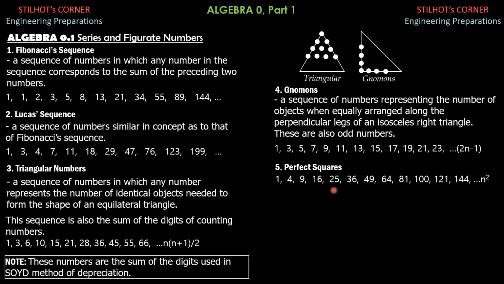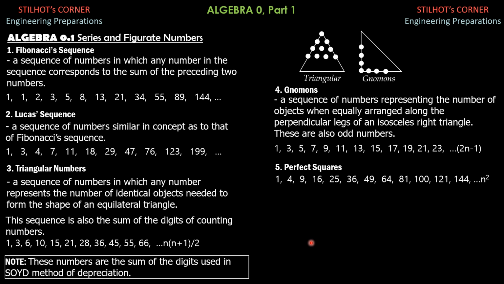So I hope that you know this. And if we describe it by arranging identical objects in this manner, so we have 1, then 2 by 2, 3 by 3. So these are the number of objects required to arrange identical objects in a square arrangement.